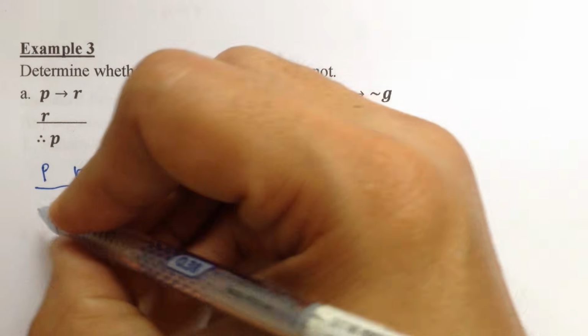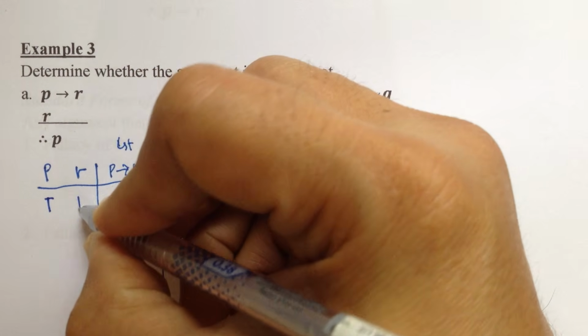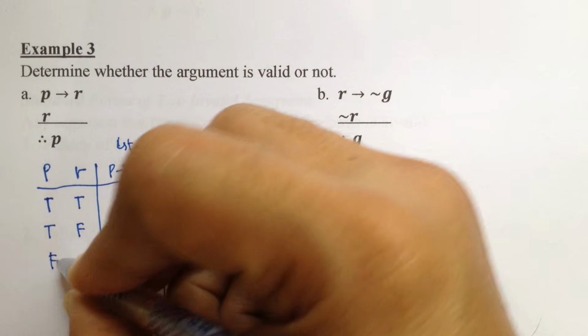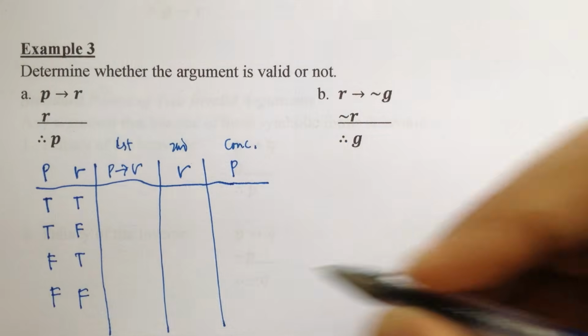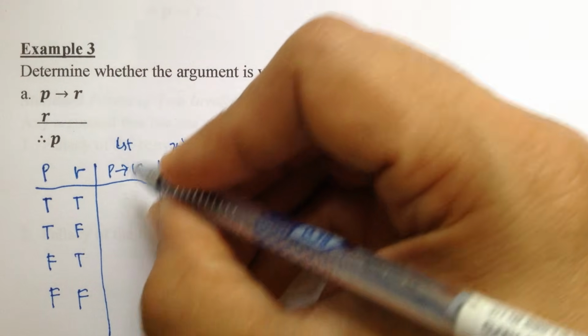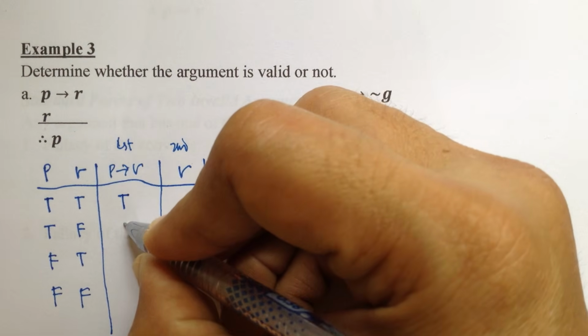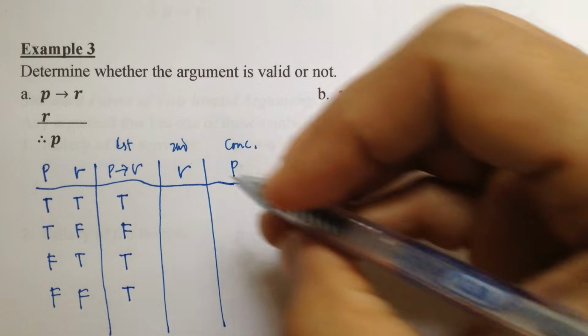The truth values here are true, true, true, false, false, true, false, false. And then for our first premise, this is true, this is false, this is true, and this is true.